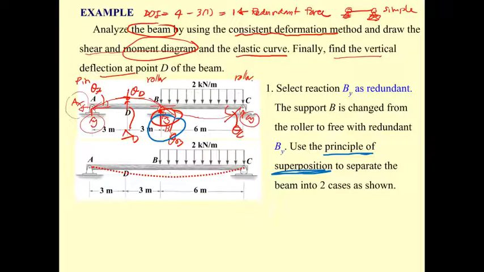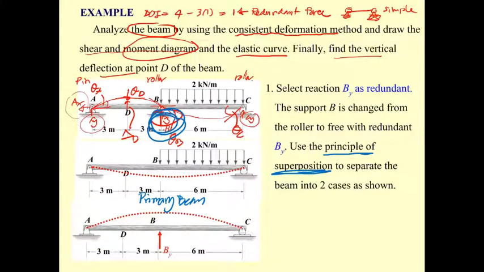One is subjected to the applied loading. We call this the primary beam. Another one is subjected to B sub Y. So this beam equals, by the principle of superposition, the primary beam plus this beam.